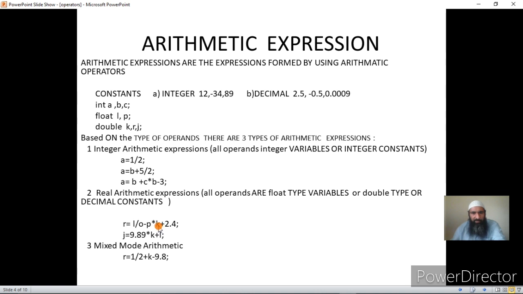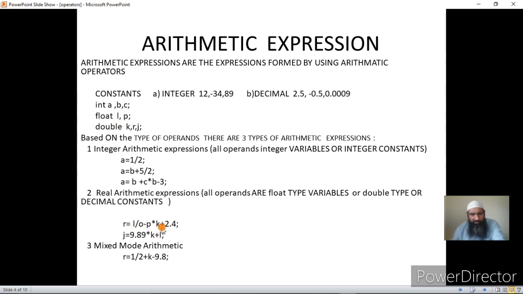And now if I see the variables K, P, O and L, K is of type double, P is again of type float, and L is of type float, and this O you can take as a float. I have forgotten to declare it. You can take this as a float.